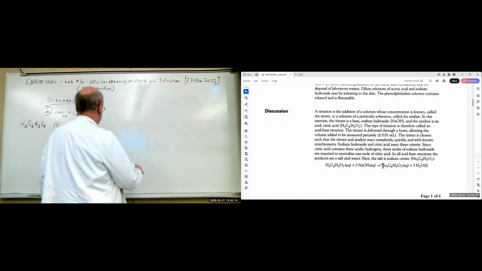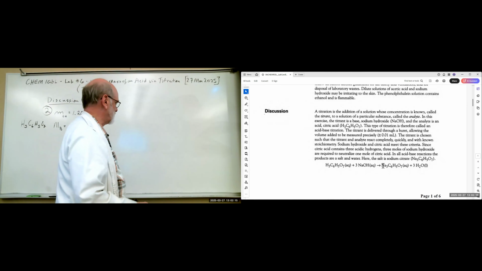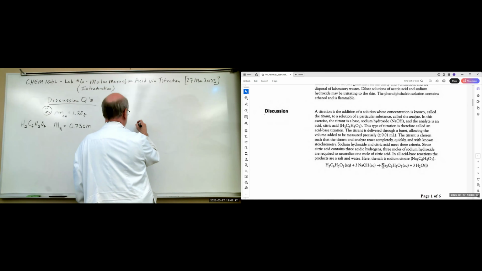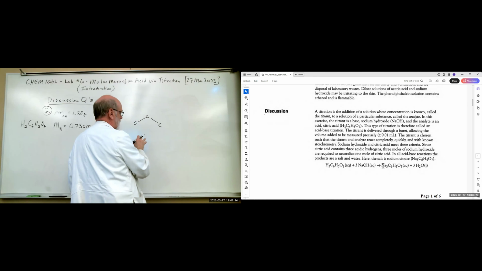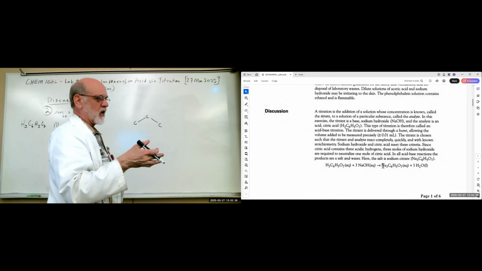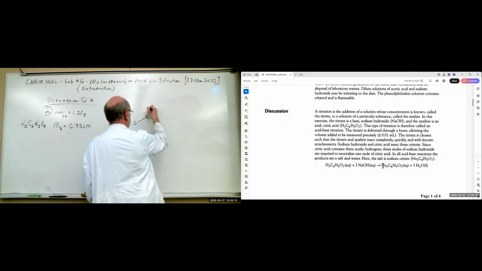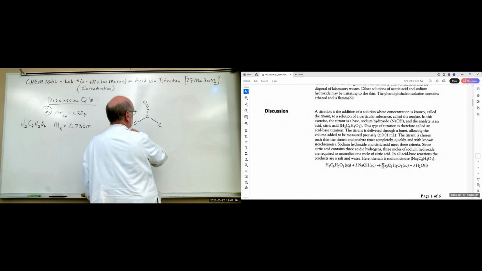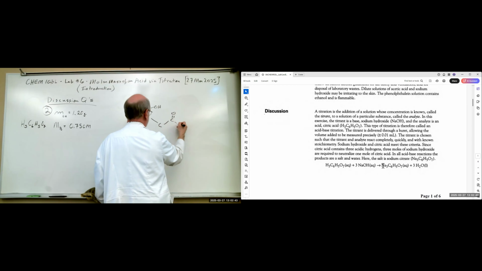I'll go ahead and draw it. This is a tricarboxylic acid. It's got a carbon backbone here, here, and here, and each carbon can have 4 bonds. This one has a carbon with a double bonded oxygen and an OH. This one has a carbon with a double bonded oxygen and an OH.